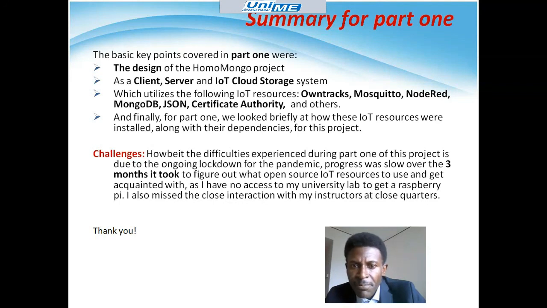And finally, for part 1, we look briefly at how these IoT resources were installed along with their dependencies for this project. However, the difficulties experienced during part 1 of this project is due to the ongoing lockdown for the pandemic. Progress was very slow.